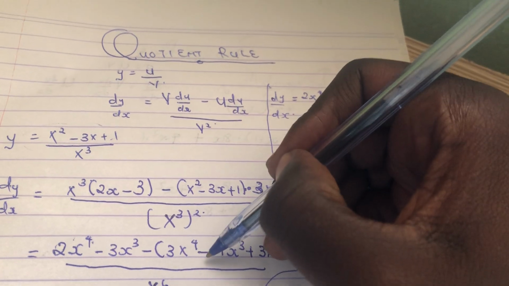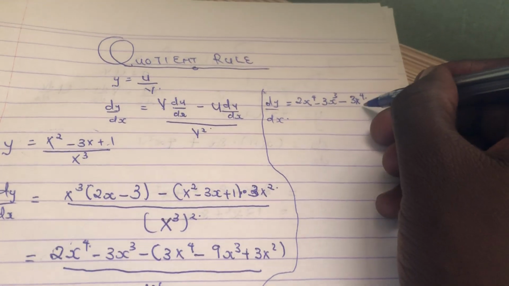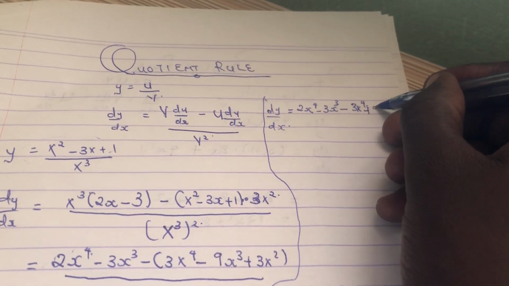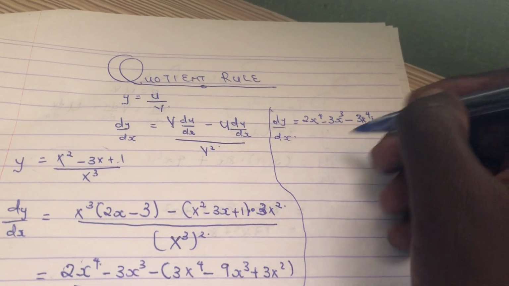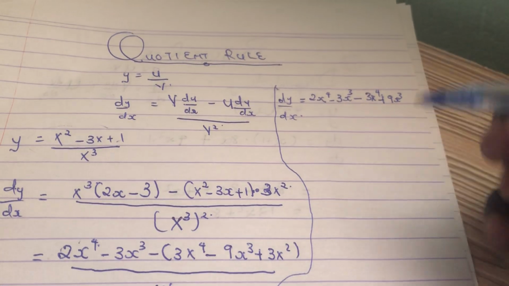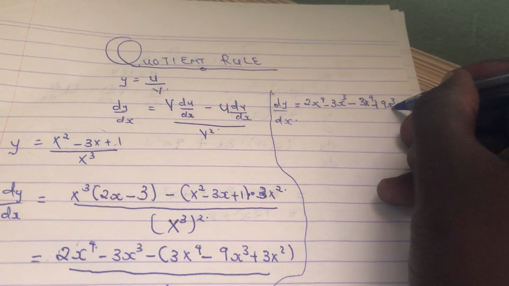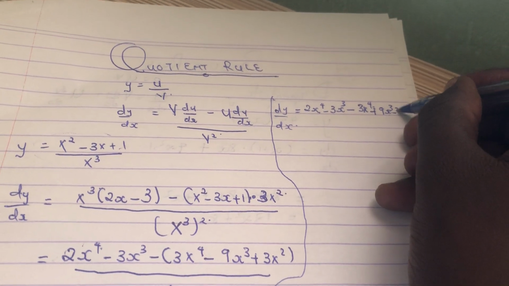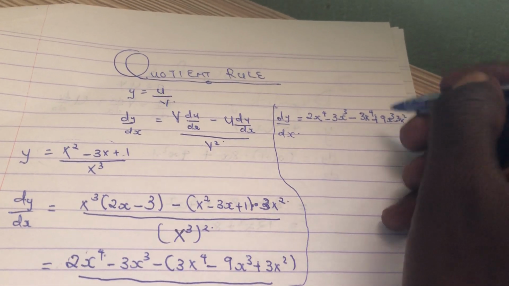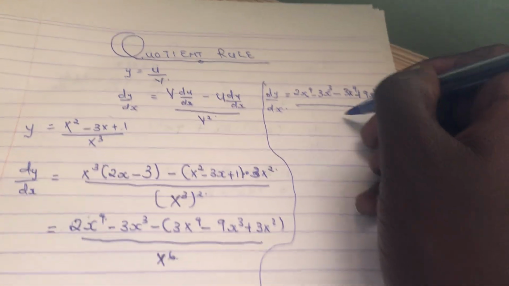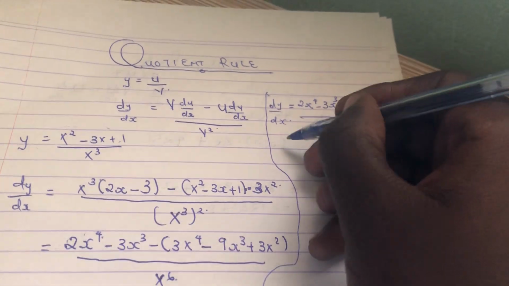When it comes to this negative and negative, it becomes a plus 9x to the power 3, and when it comes here, it becomes still a negative, minus 3x squared over x to the power 6.